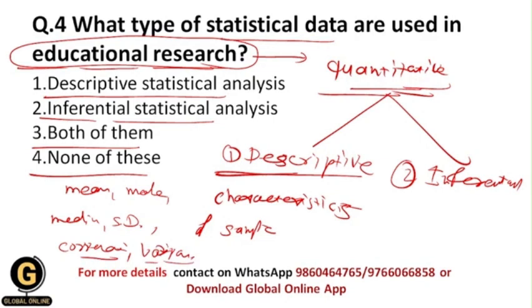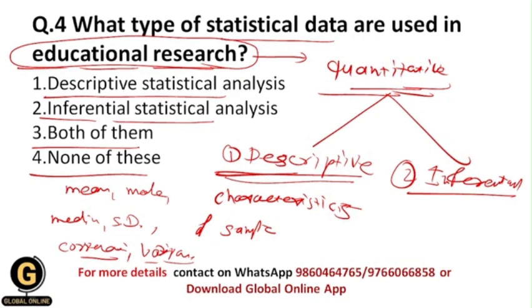Okay, now inferential statistics, what is that? Basically it is used to draw conclusions or generalizations beyond the sample with a known degree of accuracy. Descriptive statistical analysis has limitations up to the samples only, but if I want to make generalizations beyond the samples, then I will use inferential statistical analysis.